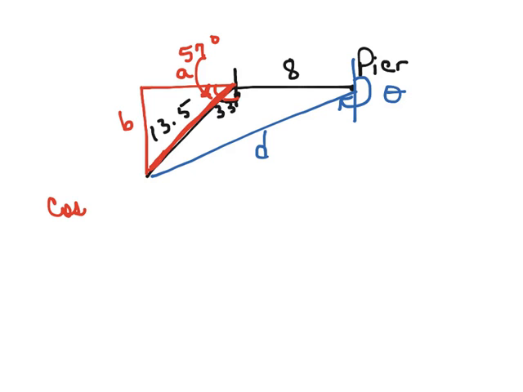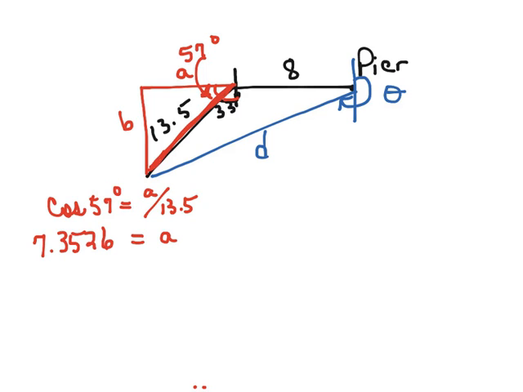The cosine of 57 degrees will equal A divided by 13.5. So solving for A, we're going to multiply the cosine of 57 degrees times 13.5. So 13.5 times the cosine of 57 degrees gives us that A is 7.3526.